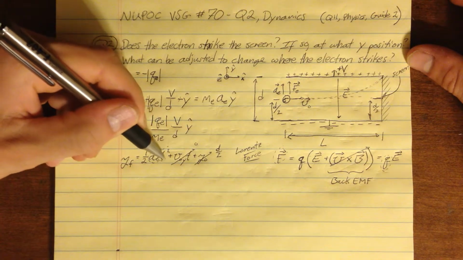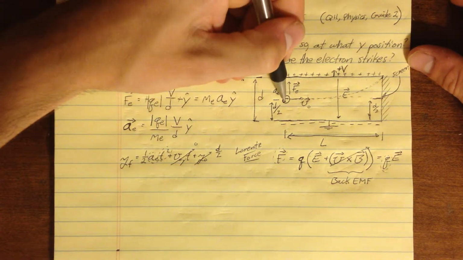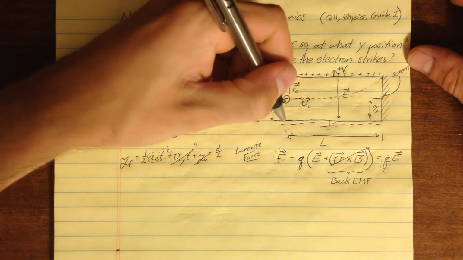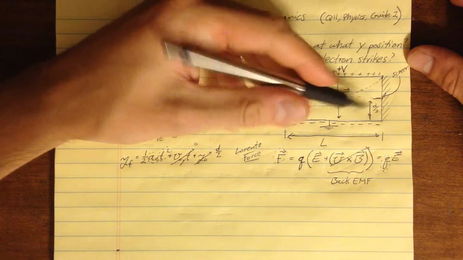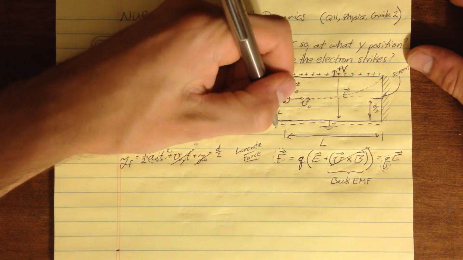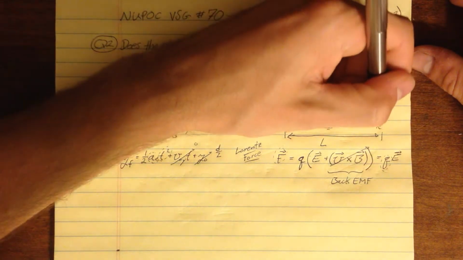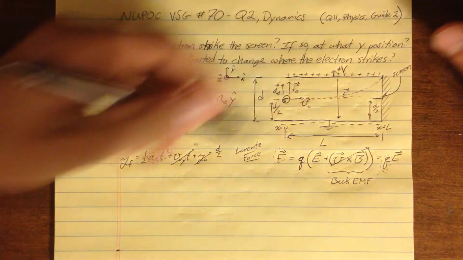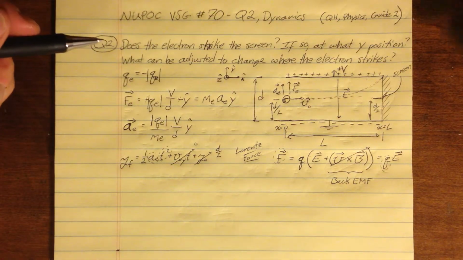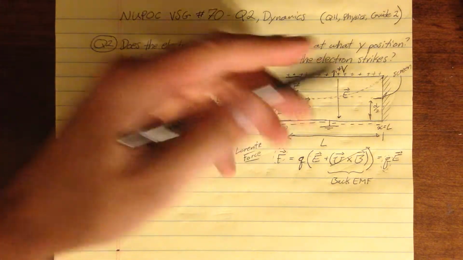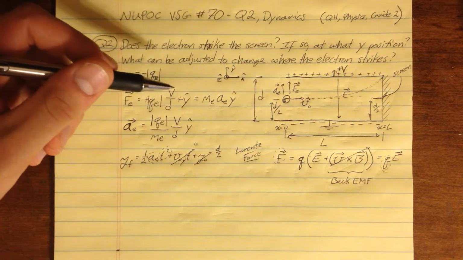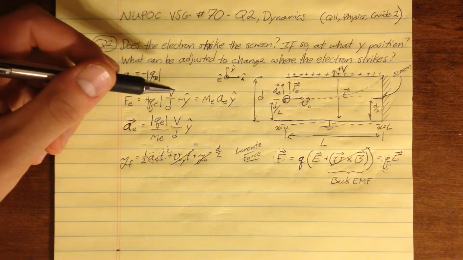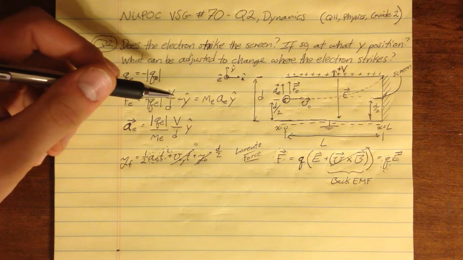But how much time does it take for the electron to travel from its initial point here at, let's say, x equals 0 over here to x equals L? This is x equals 0, x equals L. Well, there's no acceleration in the x direction, so it has the same velocity from x equals 0 to x equals L. If L was bigger, it would take more time.